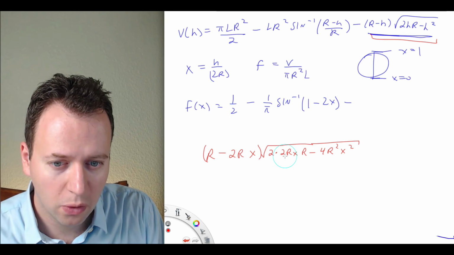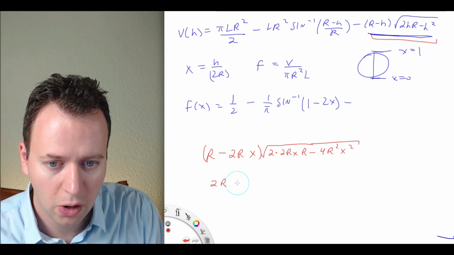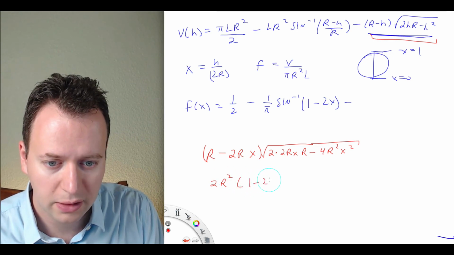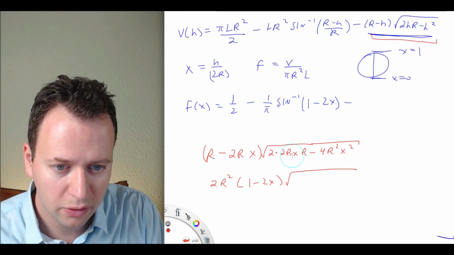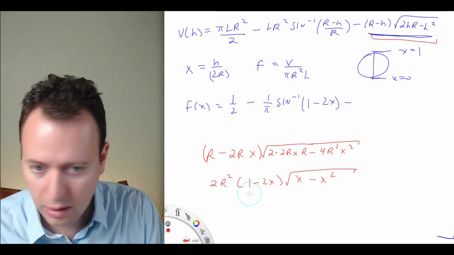So we have 4r squared. Looks like a common factor, so that's 2r. It's a common factor of r here, 1 minus 2x, and then the square root. We already took out the 4r squared, so we have x minus x squared that we're taking out.